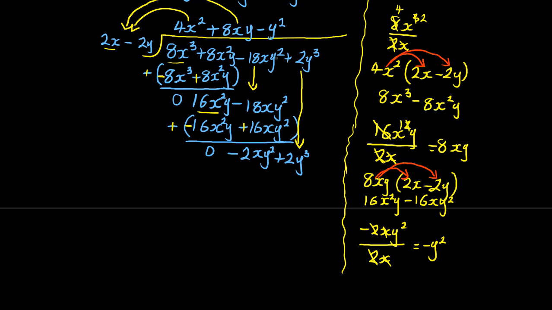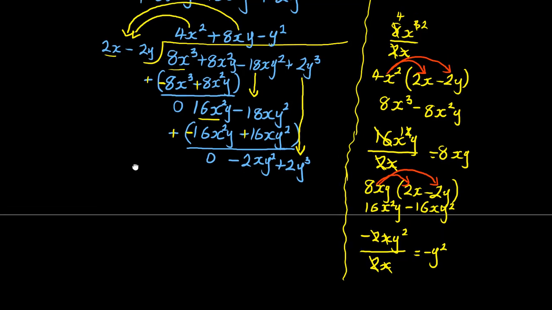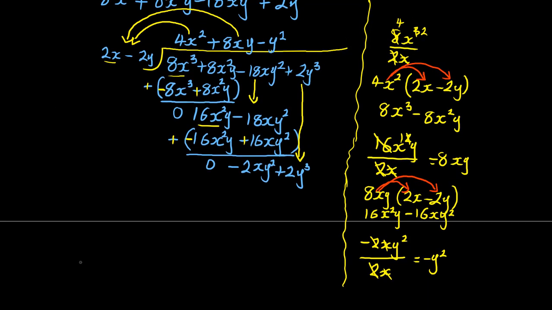Again, when you've done that, you multiply. If I can bring it down a bit, in this case you are saying minus y squared is multiplying everything of 2x minus 2y. So that's what actually you are doing.